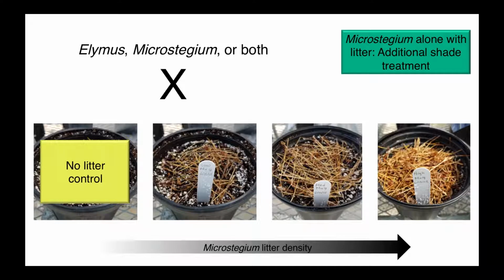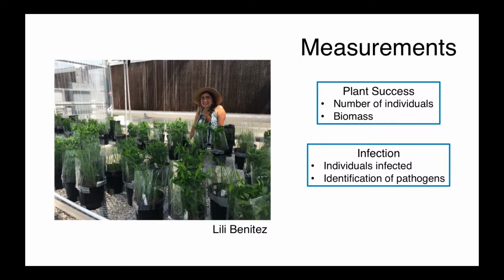And then we had also an additional treatment where we added shade to see if that affected the relationship between litter and the plants. So this experiment was led by an REU student, Lily Benitez, and she measured plant success in terms of number of individuals, and then we just recently finished up some biomass measurements.